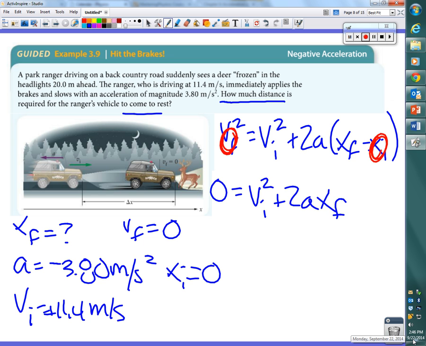Here, we're trying to solve for something that isn't by itself in the equation, so we have to get it by itself. Whether you put numbers in first and then rearrange, or whether you rearrange with the letters, I don't really care, as long as you get to the right answer. I'm going to rearrange the letters to get x final by itself.